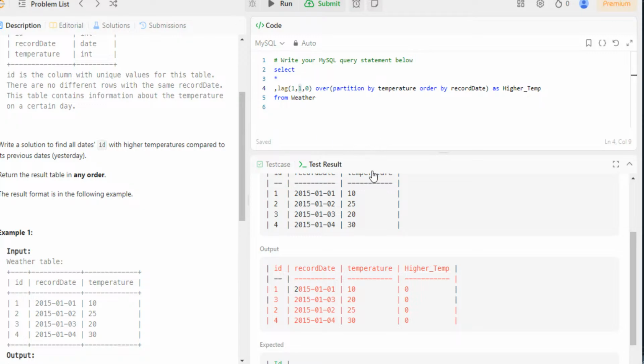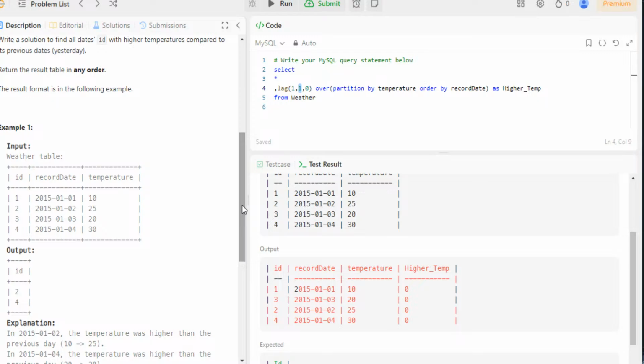So we need to look at this row and look at the previous date. Well, that's going to return, we're going to have it be 0. Then we're going to look at this row and look at the previous date and compare this and this, and we're going to add 1 to this.